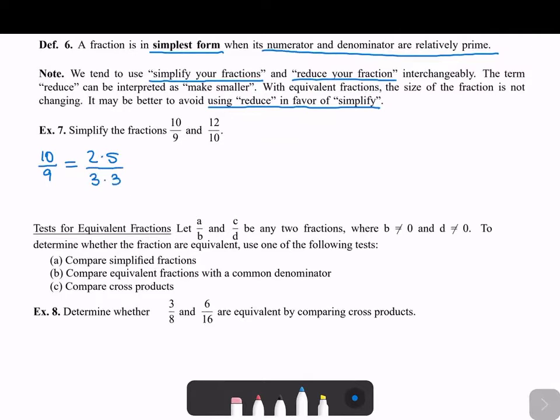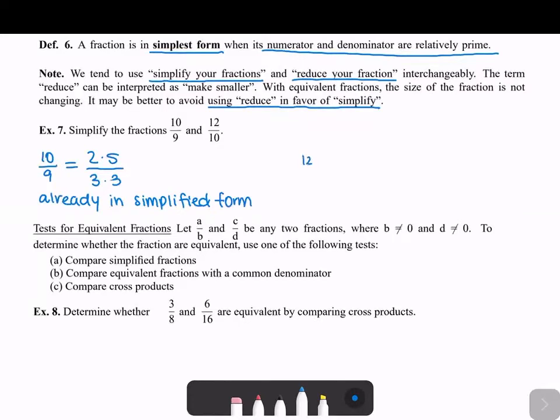So 10 and 9 don't have any common factors, so this is already in simplified form. There's nothing we need to do here. Looking at the factors in this way is because we're checking if the numerator and denominator are relatively prime. That means we're looking at the GCD, the greatest common divisor, of 10 and 9.